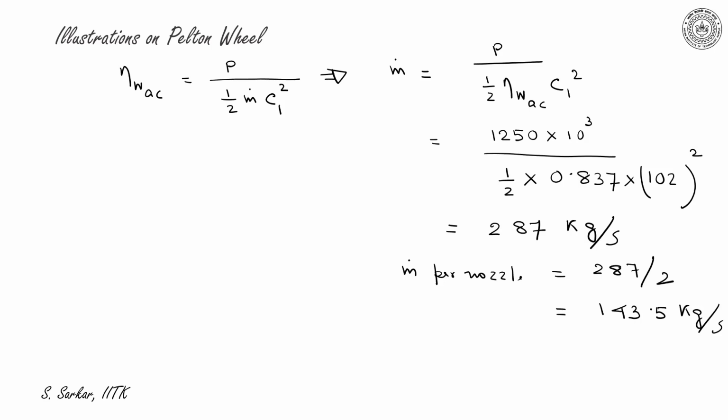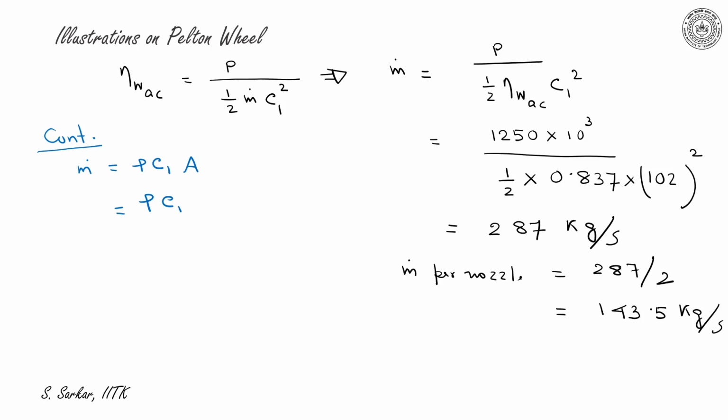Now if I use the continuity equation, I can write M dot, mass flow rate in a nozzle, is equal to rho C1 A. A is the nozzle flow area. So that also can be written as rho C1. C1 is the absolute velocity of jet.